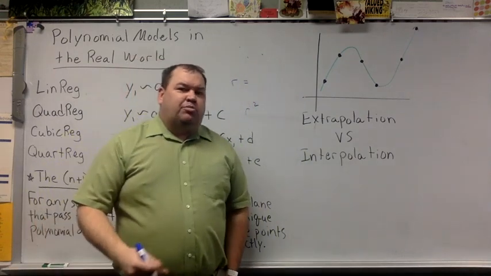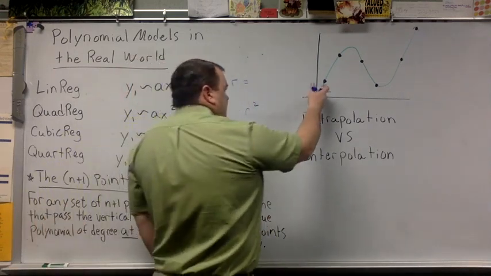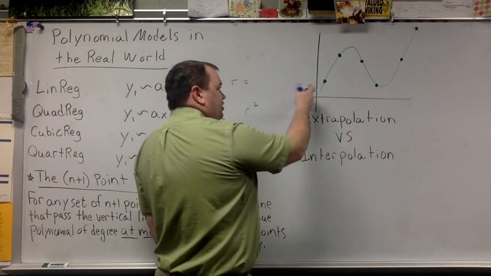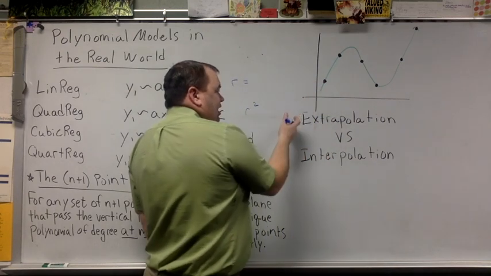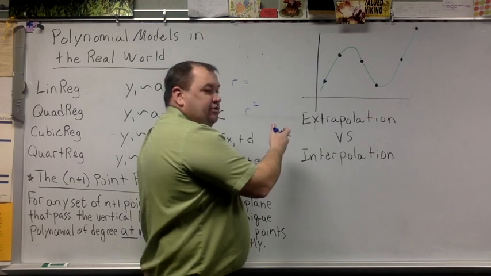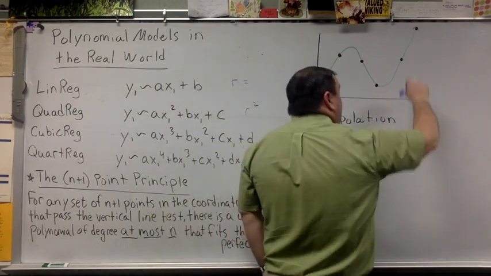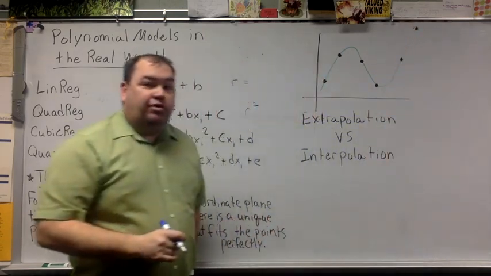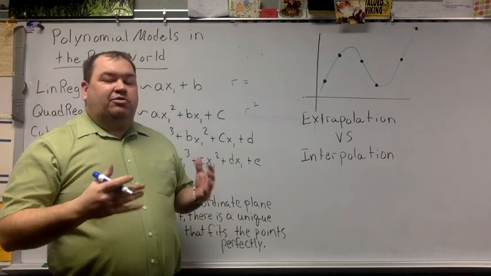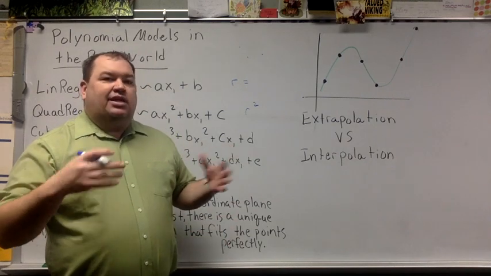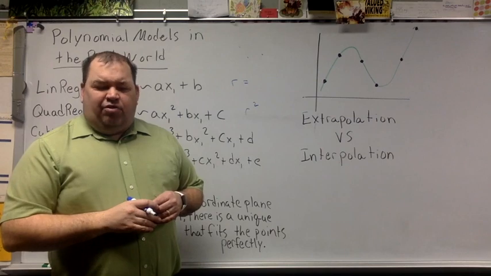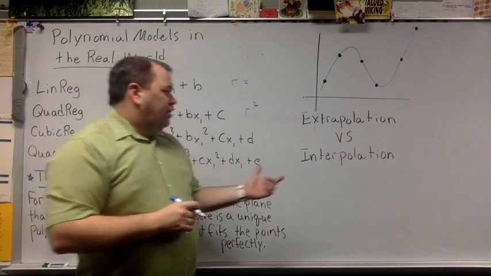This can get us in trouble because if I'm looking at population or dollars or things like that, over here I'm going to get negative dollars. Or over here I might get this astronomically big number. Extrapolating you have to be careful with because things can get kind of big or kind of small and throw the whole thing out of whack.